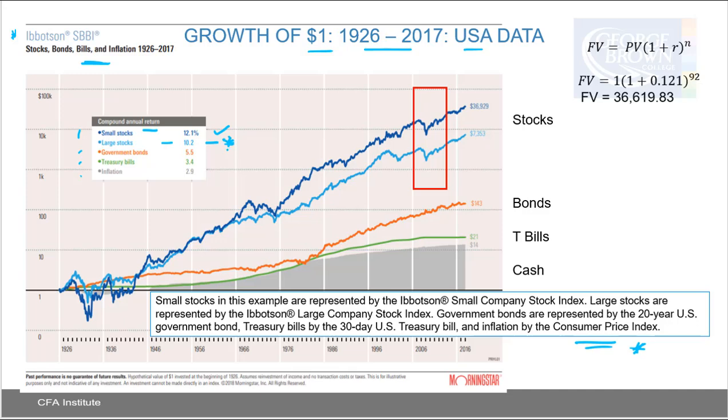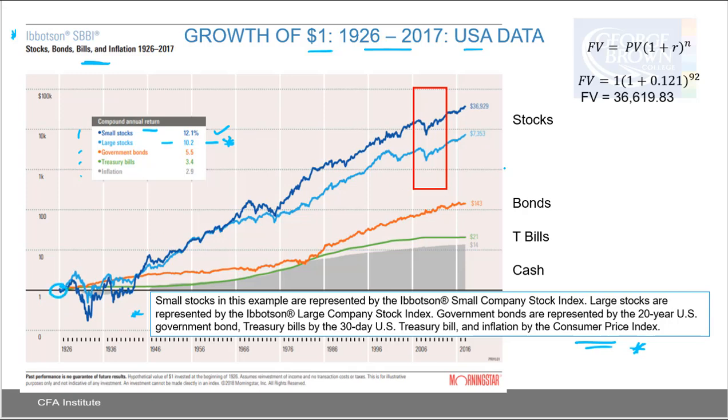And that's one of the things that I point out. It's kind of based on long-term historical compounded annual returns that if you look at large stocks for the U.S., whether you use this Ibbotson Large Company Stock Index or the S&P 500, it's going to come out fairly close to about 10%, okay?